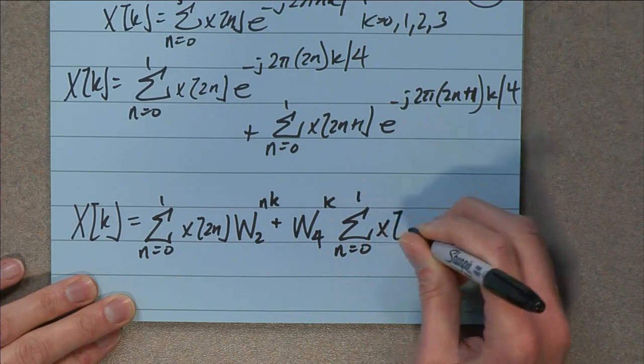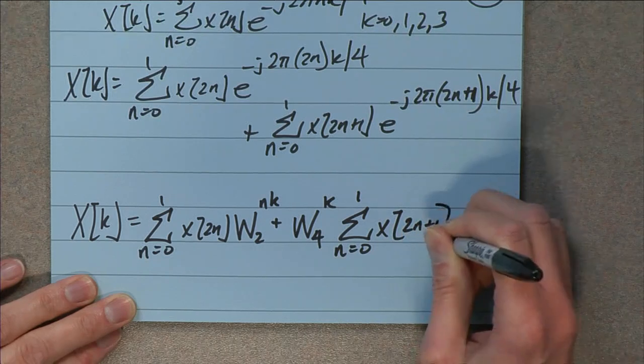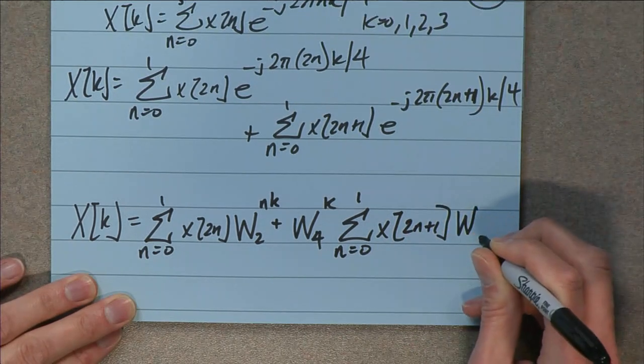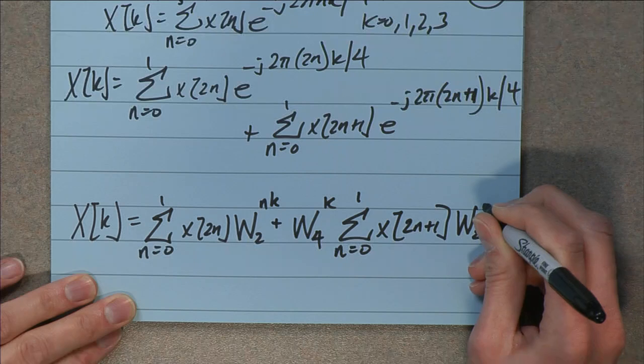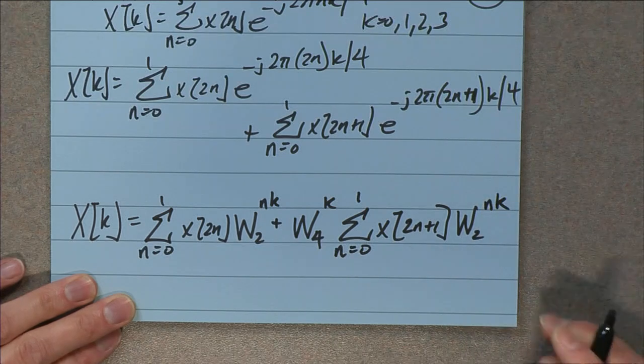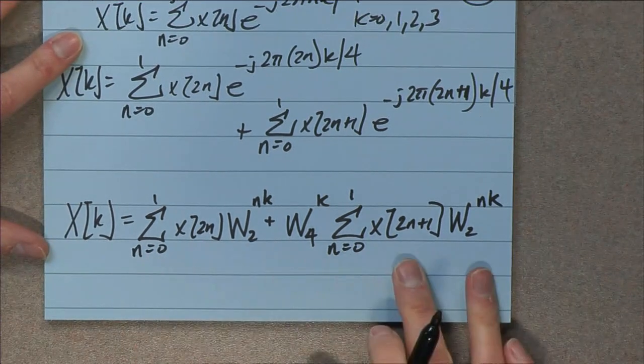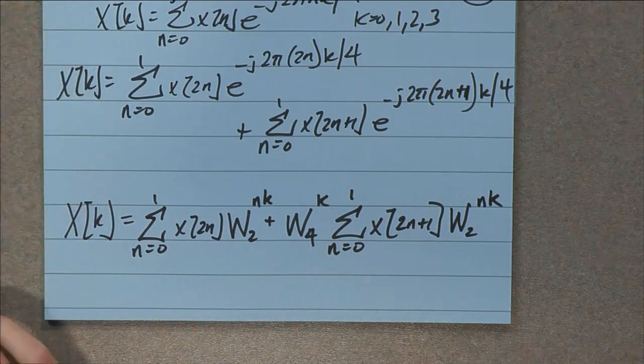So we've got 2n plus 1 and 2 to the nk. So we've got our two 2-point DFTs with our little glue kernel there.